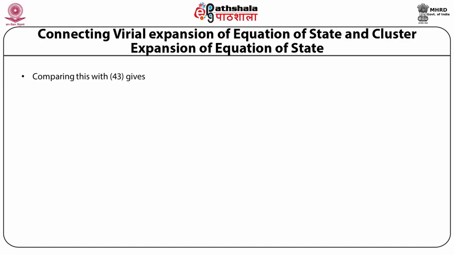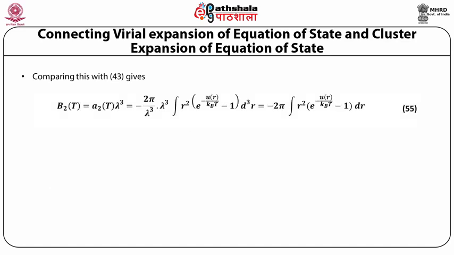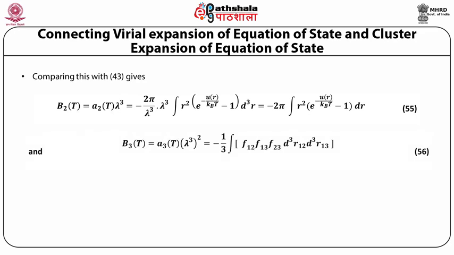Comparing 54 and 53 gives B2(T) is equal to a2(T) lambda raised to power 3, which is equal to minus 2 pi upon lambda cube into lambda cube integral over r square e raised to power minus U(r) upon kBT minus 1 d cube r, which is equal to minus 2 pi integral over r square e raised to power minus U(r) upon kBT minus 1 into dr. And B3(T) is equal to a3(T) lambda cube raised to power 2, which is equal to minus 1 upon 3 integral over f12, f13, f23 d cube r12 d cube r13.